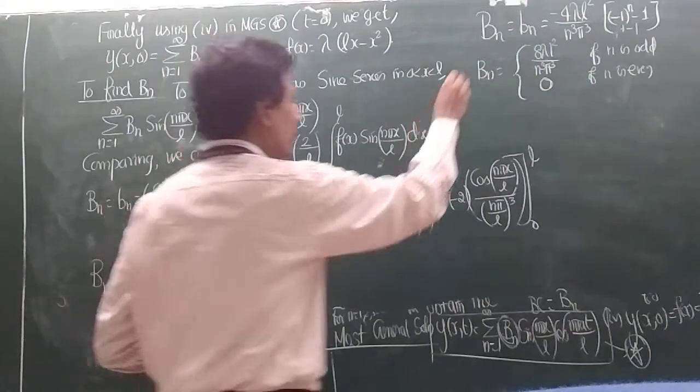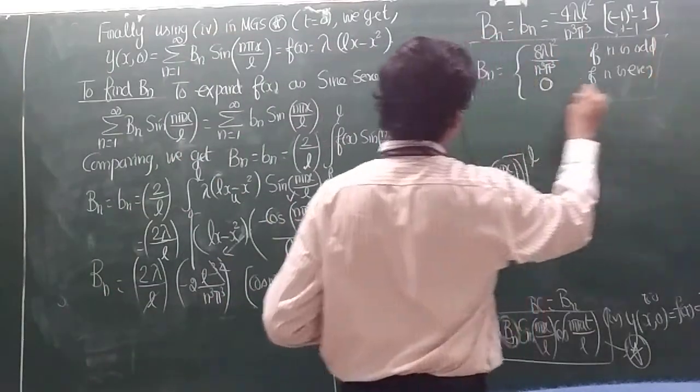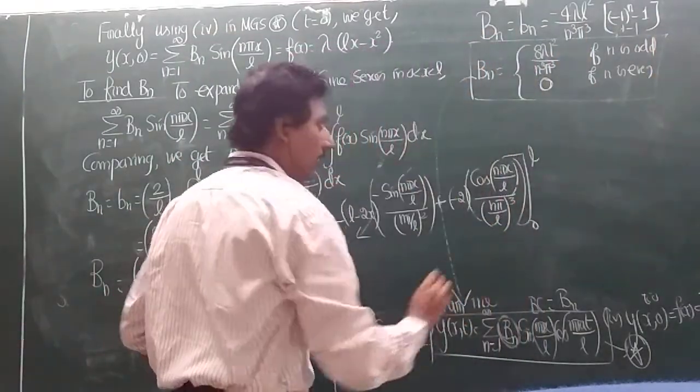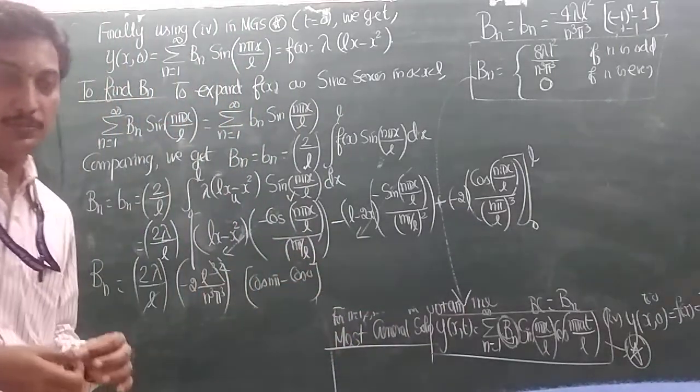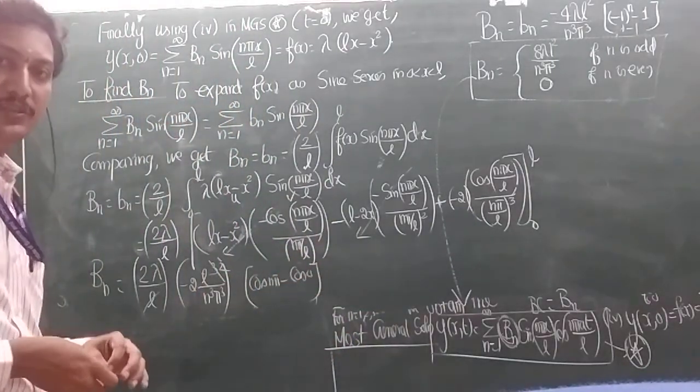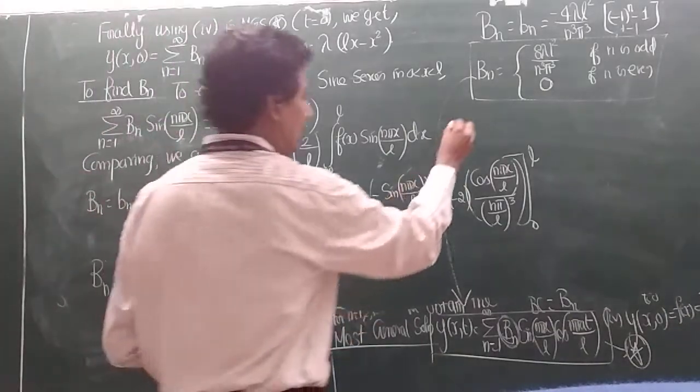Once we know the capital Bn value, let us use it in the most general solution, the star equation, to get the required displacement function.